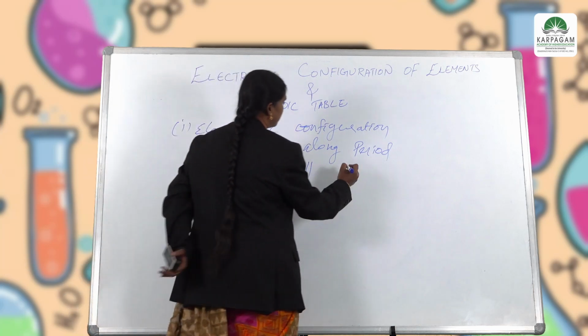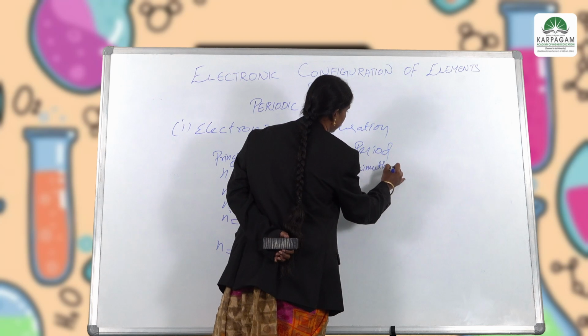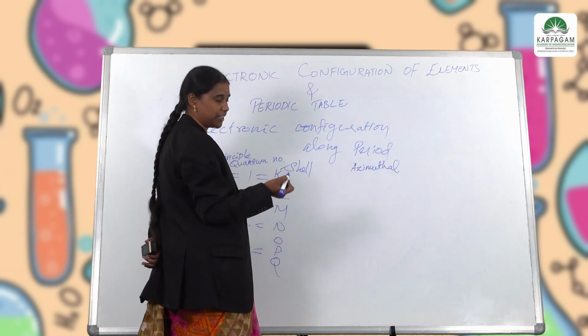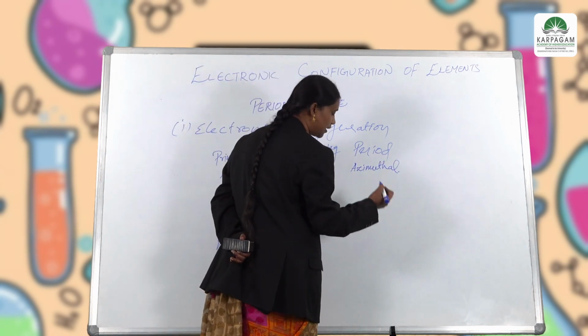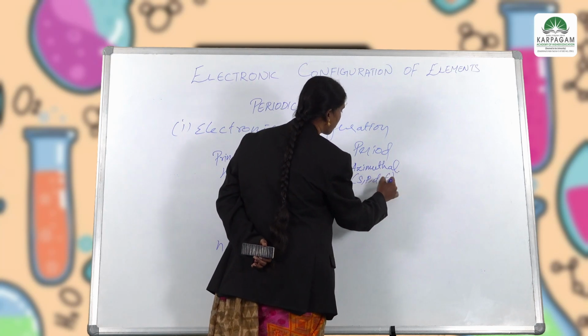And the second quantum number, azimuthal, defines the electron filling in the subshells. Subshells are otherwise called orbitals.